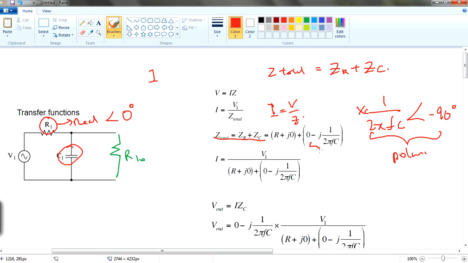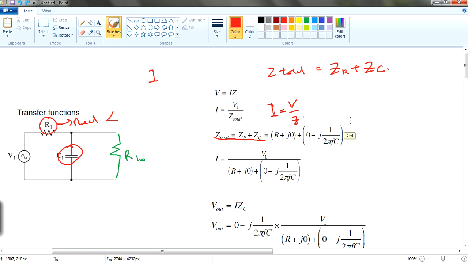If you were to change to rectangular form, you have zero real number because there is no real axis in a sense, because the angle is minus 90 degrees. So it's only in terms of the imaginary axis, which is going in this manner, minus 1 over 2 pi FC. So these are all the things, as a revision for myself also.